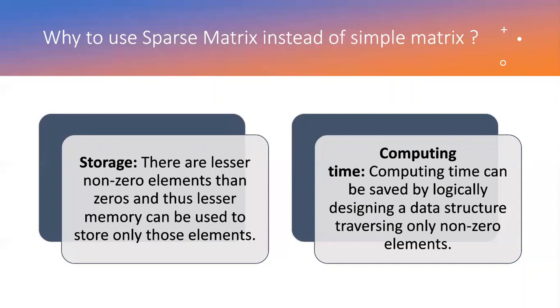The computing time will be decreased by creating a data structure that uses only non-zero elements instead of zero elements. We'll be using only non-zero elements from this sparse matrix to decrease the computing time, and that is one of the most useful things about the sparse matrix compared to a simple matrix.